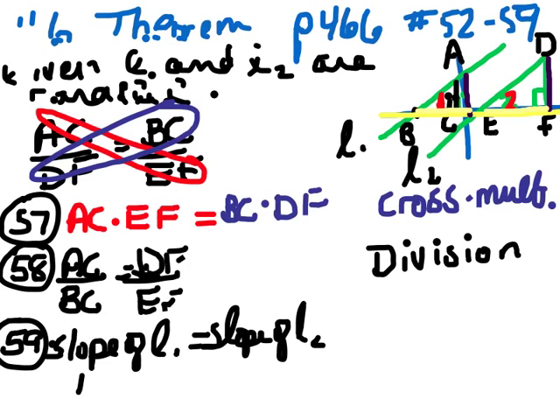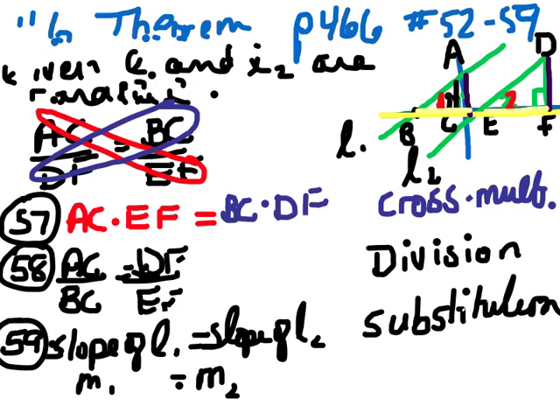So they write that M1, slope of line 1, is equal to the slope of line 2. And what we're doing here is this is just substitution from number 52 and 53. If you go back up to those lines on 52 and 53, you'll see that we had said that the slope of L1 was AC over BC and the slope of L2 was DF over EF.